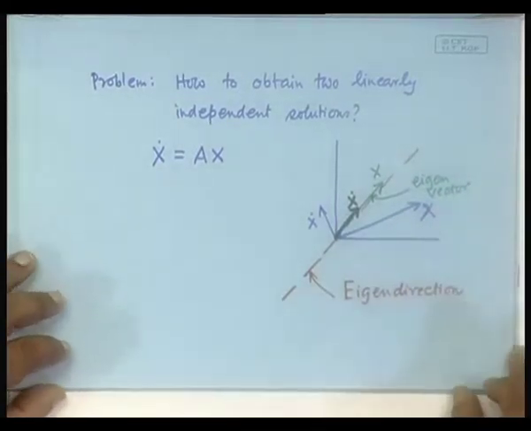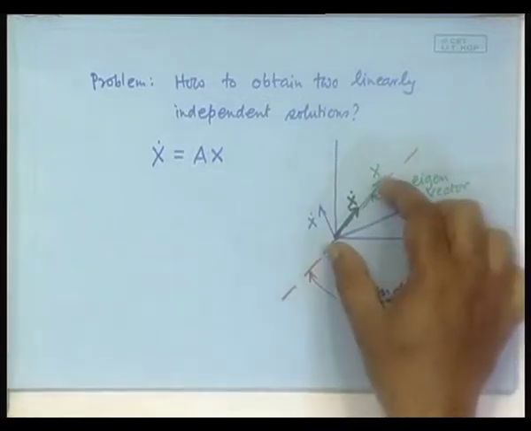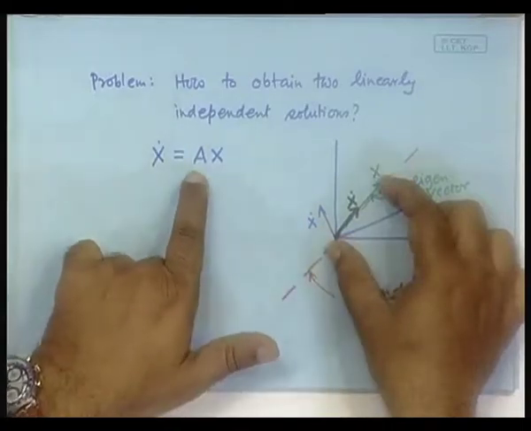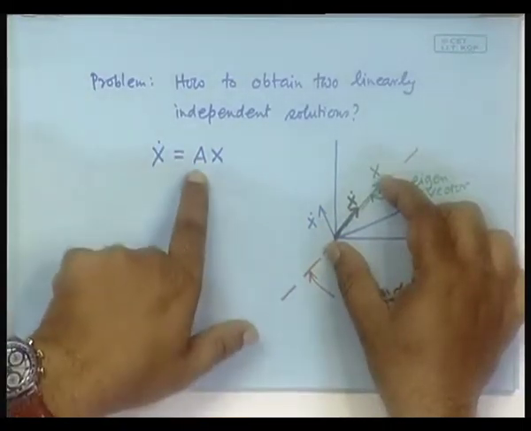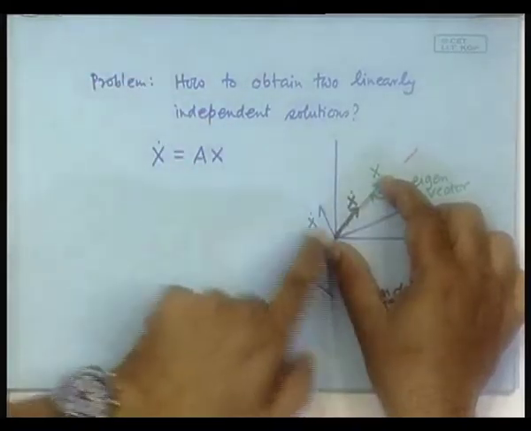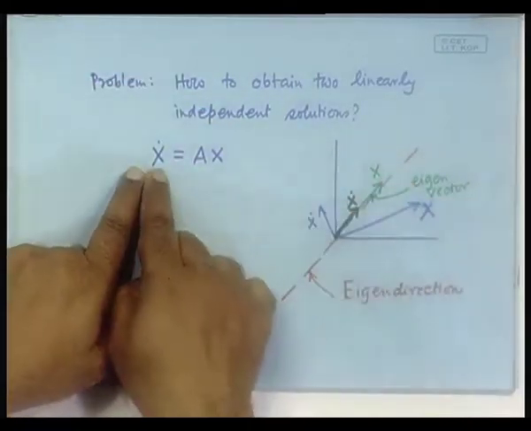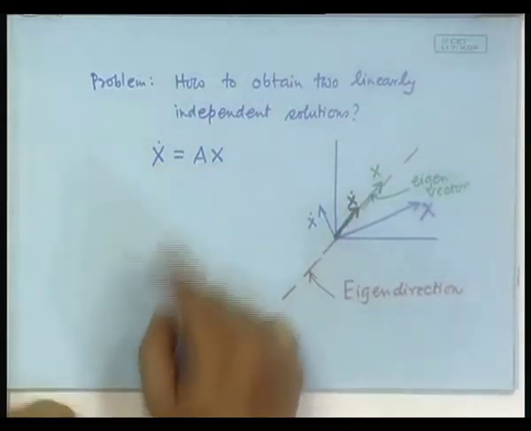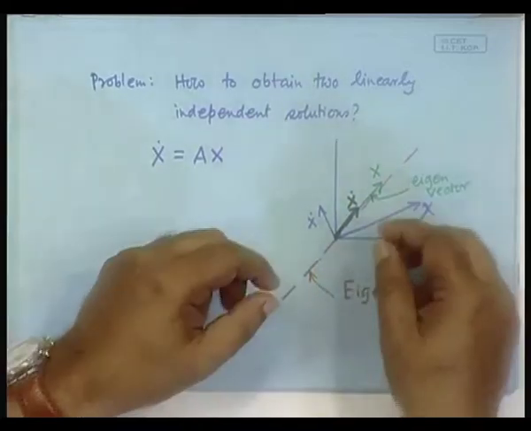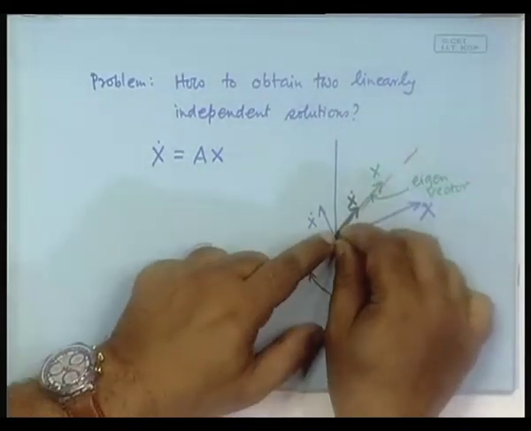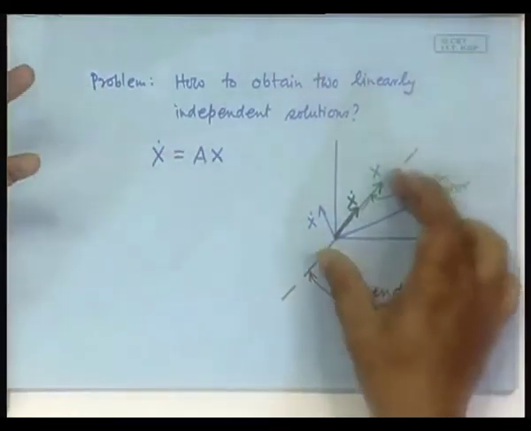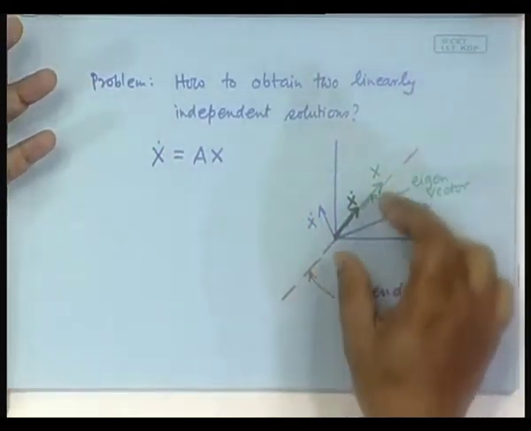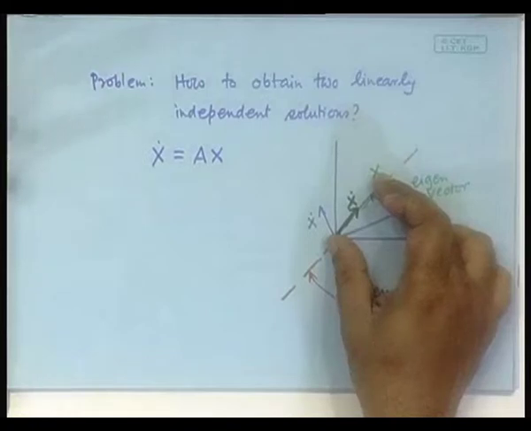Not only that, here you have a vector x on which A has operated to obtain this. Since it is in the same direction, this will be nothing but a number multiplied by x. If this number is small, the vector will be squeezed, if it is large it will be enlarged, but whatever it is, it is just a number multiplied by x, and that number is called the eigenvalue.